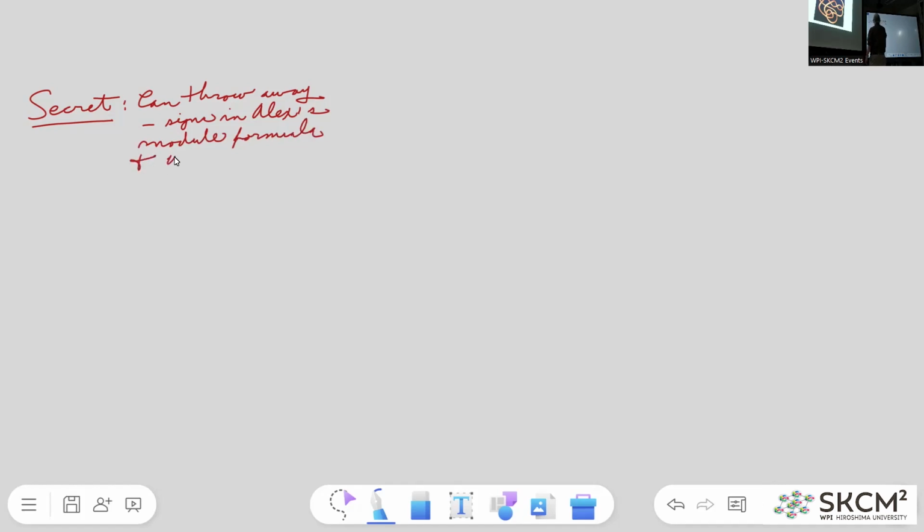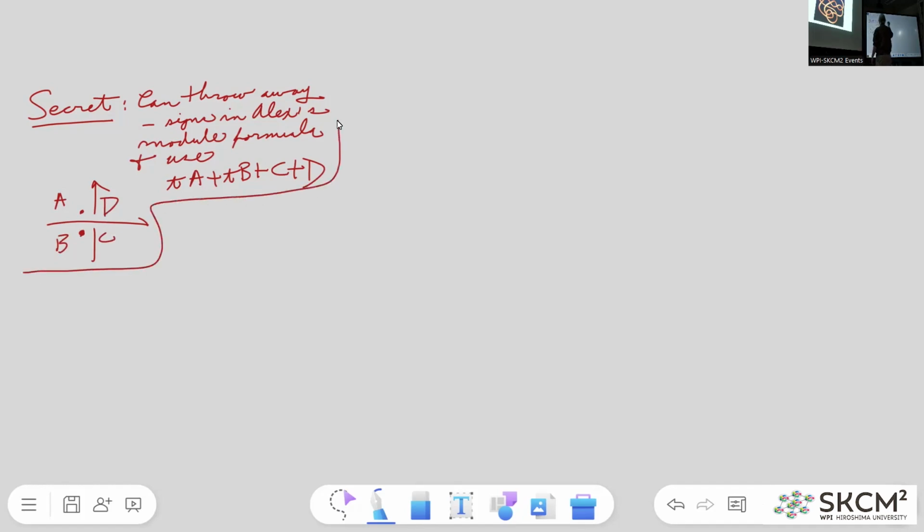And use TA plus TB plus C plus D for this. Now, of course, if you got used to using the minus signs, you might not want to bother throwing them away. But for purposes of describing it to you, it's easier.